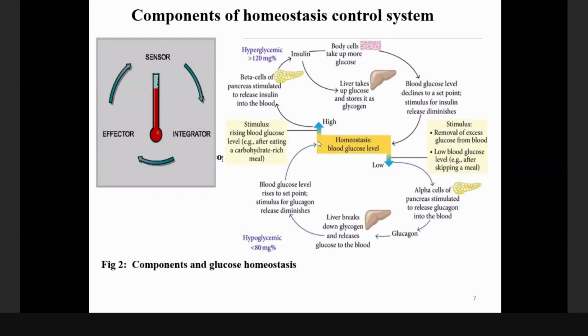That means glucose is converted into glycogen and stored in the liver. So when glucose is stored in the liver, or consumed by your body, then the blood glucose level gets less, or returns back to normal.